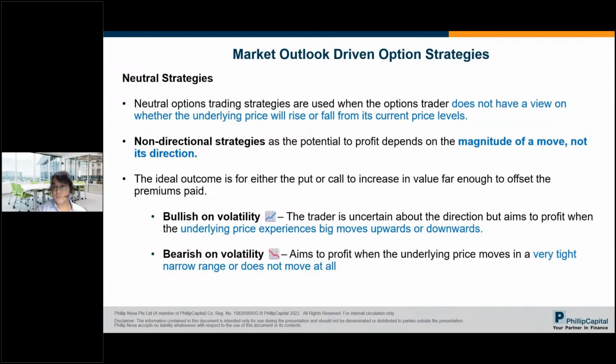We have a bullish on volatility, where we are essentially aiming to profit from the underlying asset seeing very big price moves upwards and downwards. On the other hand, we have a bearish on volatility, which means that markets don't move a lot. So the underlying price may move by about 0.5%, 0.2%, 0.3% in a very tight and narrow range. So these are two different types of strategies.